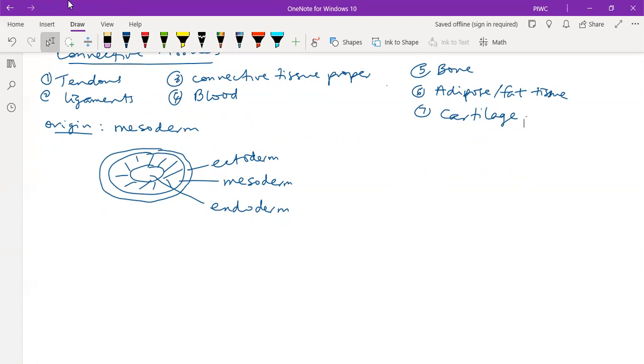So we can have something like a dense connective tissue, which occurs in structures such as the ligaments, tendons, aponeurosis, fascia, fibrous capsules, and so on, right? How dense it is is based on the type of fibers that you see in there.